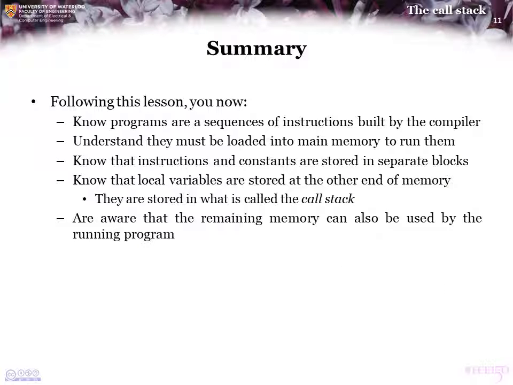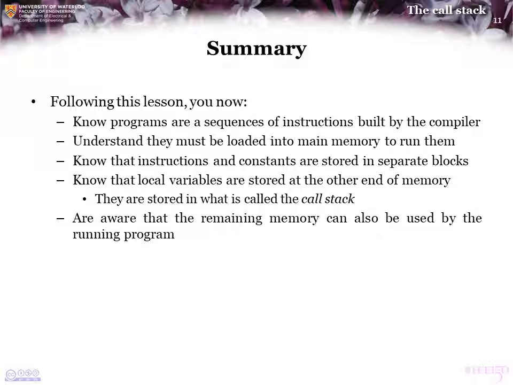So, following this topic, you now know that programs are sequences of instructions that are built by the compiler. You understand that they must be loaded from persistent memory into main memory to begin executing them. You know that instructions and constants are stored in separate blocks together, usually at the start of main memory.